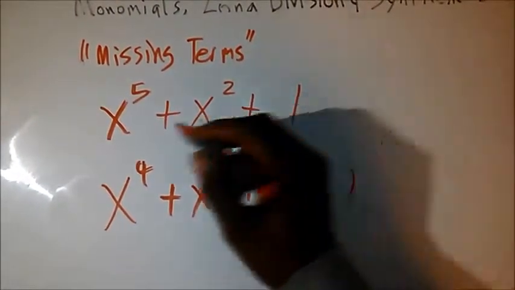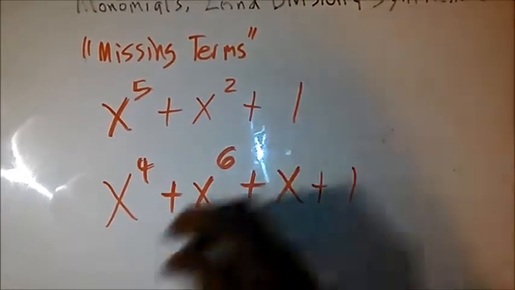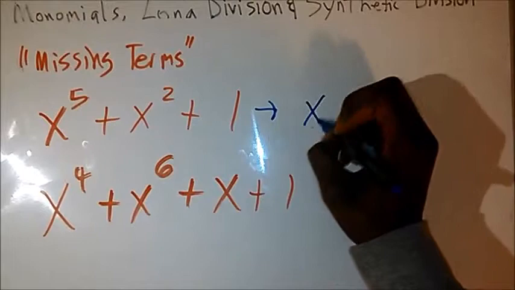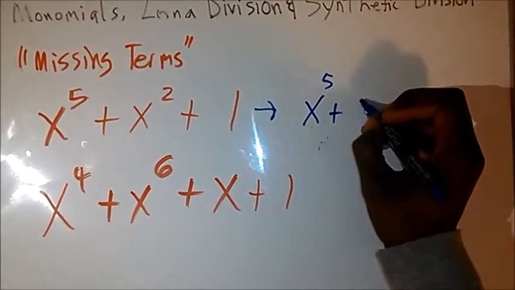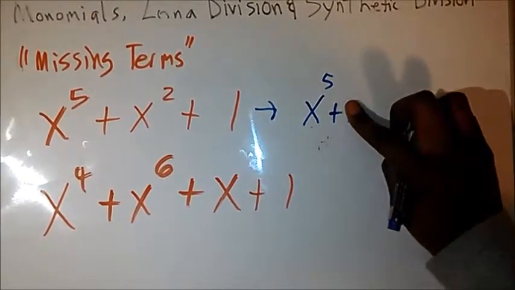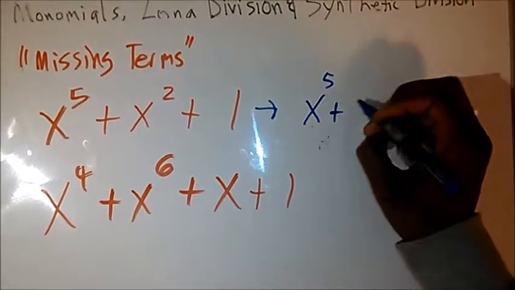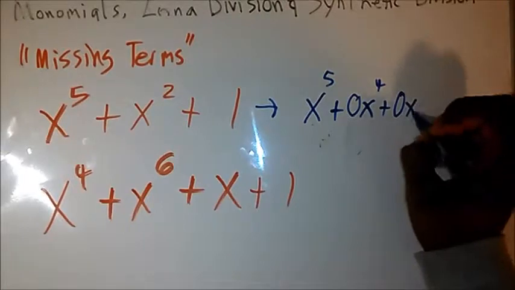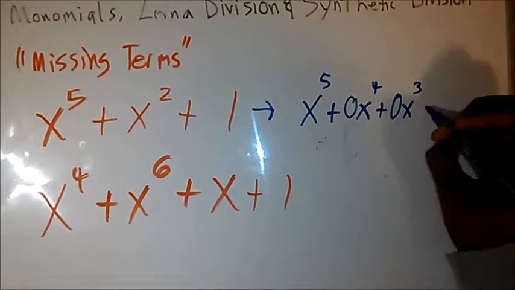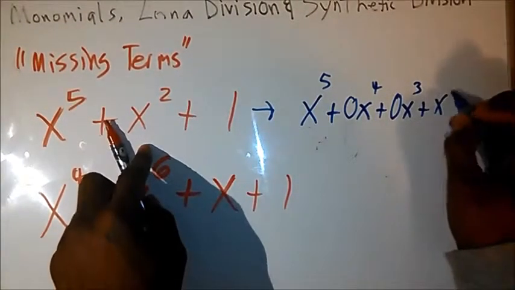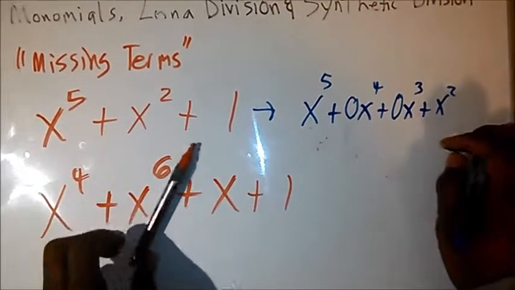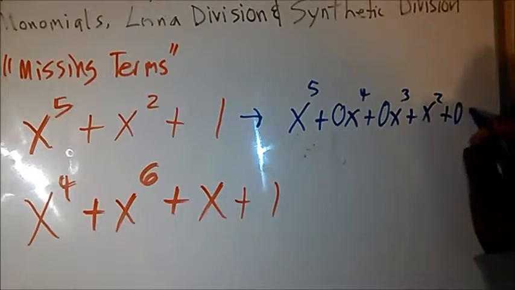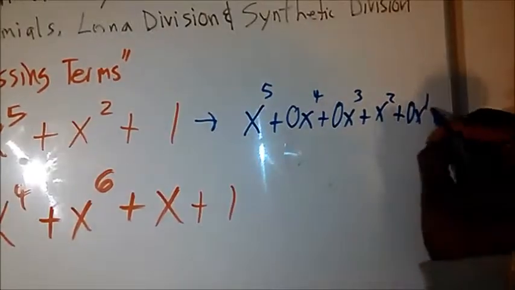So what we've got to do when we're missing terms is put in placeholders. It should look like this: x to the 5th power plus 0x to the 4th power plus 0x to the 3rd power plus x squared. What else is missing? x to the 1st power. So it can be 0x to the 1st power plus 1.